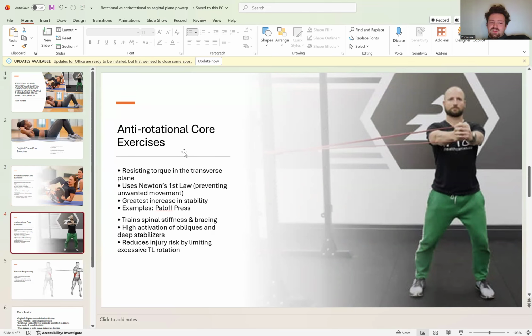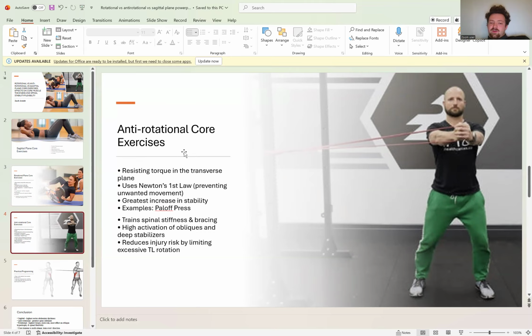So you resist the torque in the transverse plane. It uses Newton's first law, preventing unwanted movement, resisting. It had the greatest increase in spinal stability because obviously, whenever you try to resist, you have to be stable. An example is the Pallof press, which is shown.